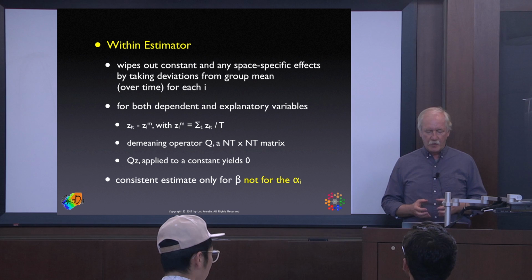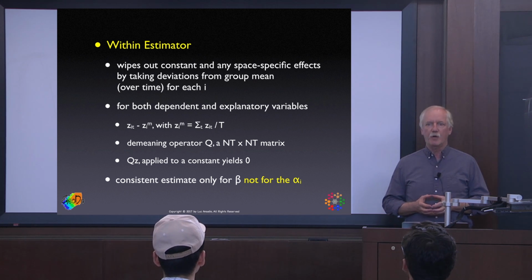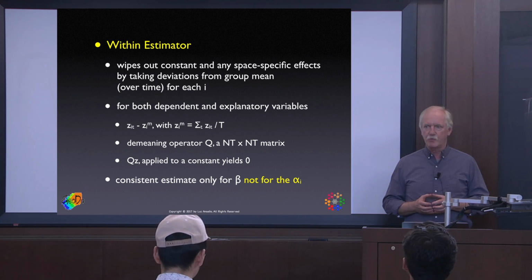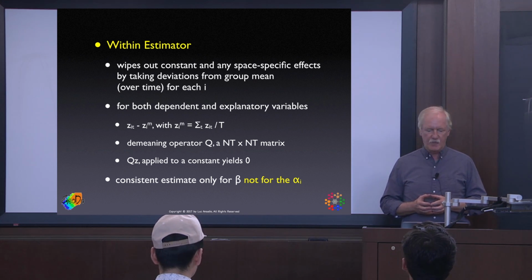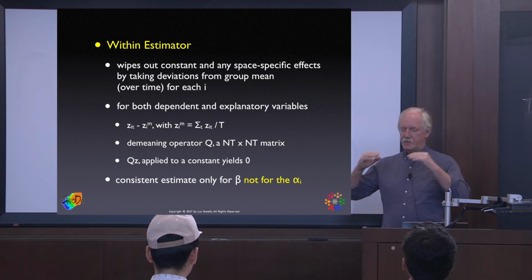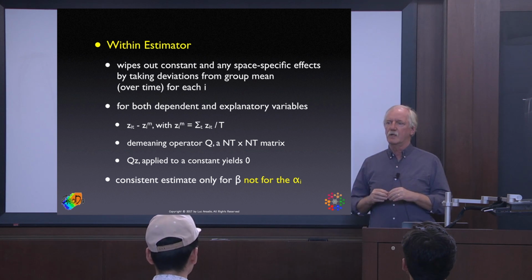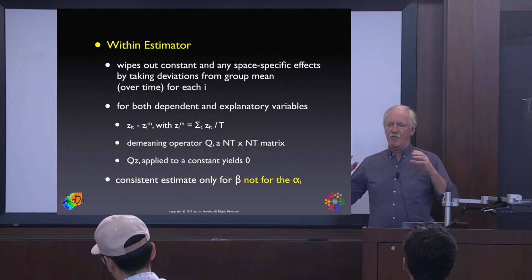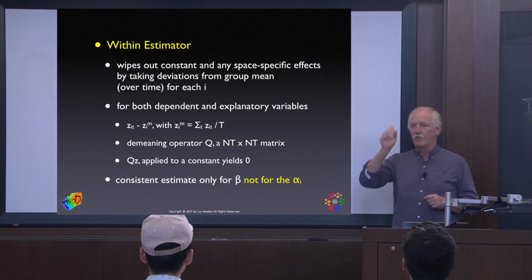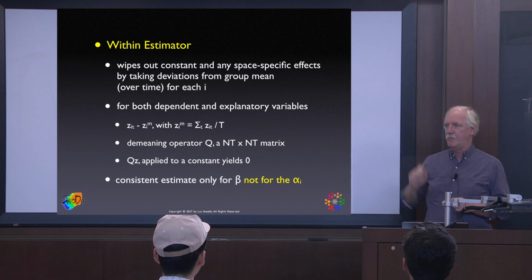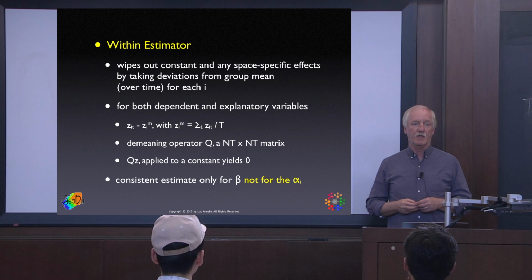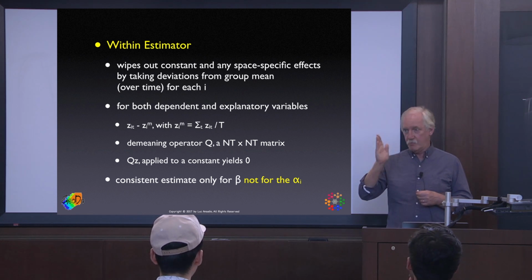So the way the fixed effects are approached, and this is a very general principle, is through a so-called within estimator. Think of the following. If you have data for, let's say, 4 time periods, and you have a fixed effect constant that's the same value for an individual for each time period, and you take the average of that fixed effect over the time periods, that's going to be the same constant.